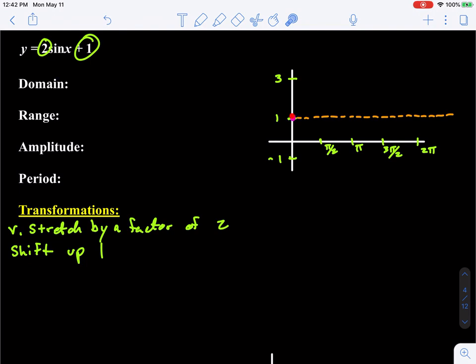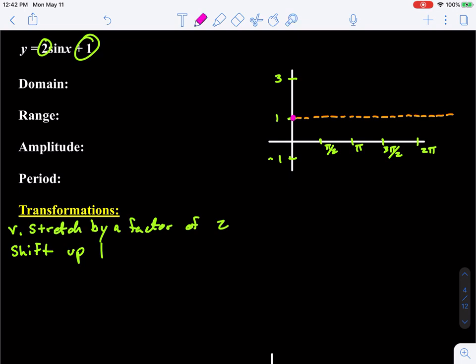As long as it depends on the transformations, you're always going to start on the central axis. And then you're going to go up to the highest point, back down to the central axis for the next x value, and then to your minimum for the next x value, and then back to the central axis for the last value.